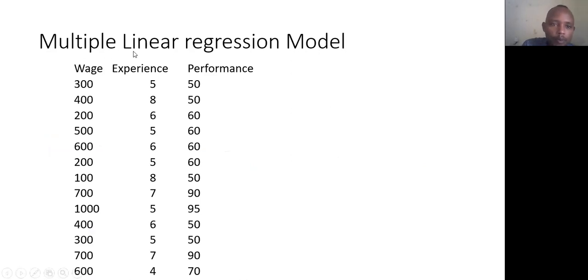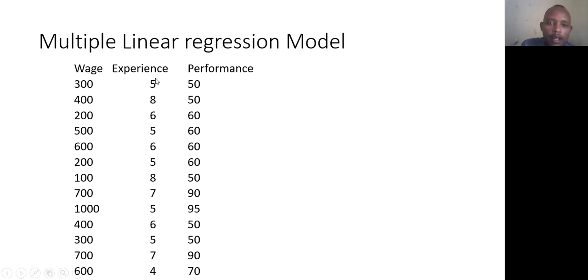And let us go to the multiple linear regression model. If we include more than 2 independent variables in our regression function, at that time our model becomes a multiple linear regression model.